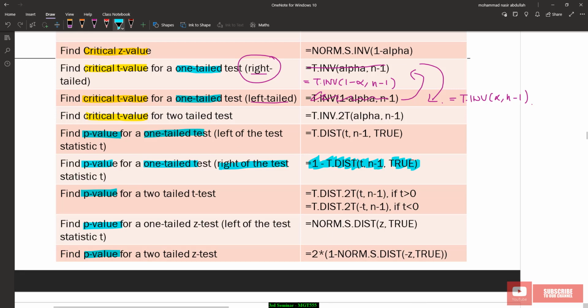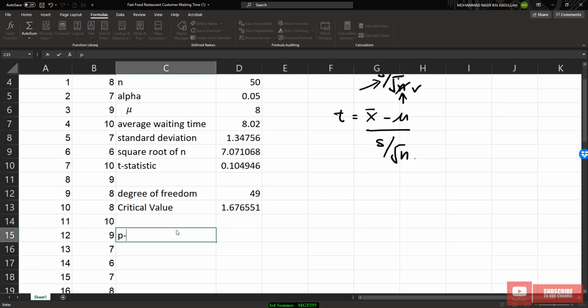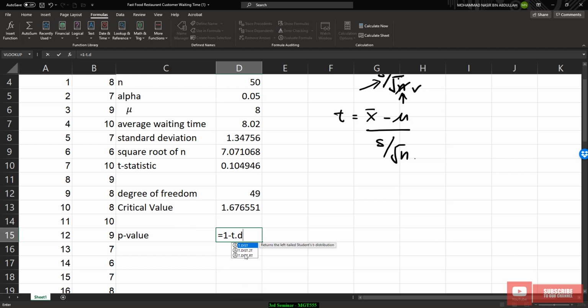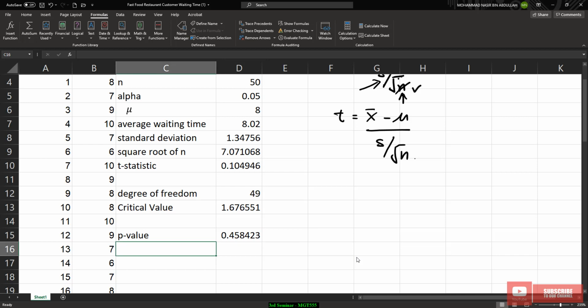So kita letak dekat sini p-value equal to 1 minus T dot distribution. Apa yang dia nak dekat sini? Nilai value T. So kita cari T statistic kita. Letak sini T, comma. And we need to input the degree of freedom. And the last one is the true argument. Means that we're going to use a cumulative distribution function instead of probability density function, right? Sebab kita menggunakan cumulative lah.